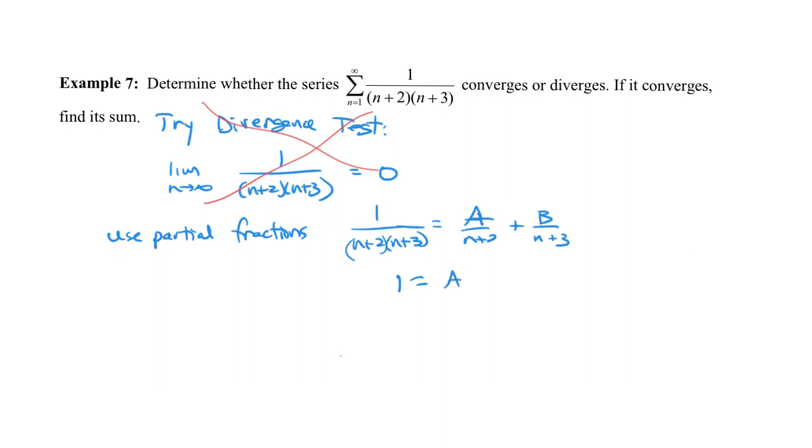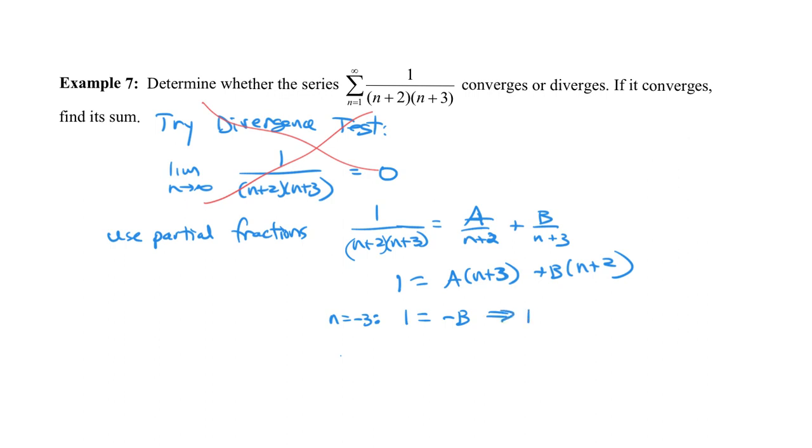And over here we're going to have a times n plus 3, because the n plus 2 term will get canceled, and then plus b times n plus 2, because the n plus 3 term will get canceled. Then we just pick some easy numbers. Let's say I'm going to let n equal -3. Then I get 1 equals, well, that will wipe this term out. So I'll get -3 plus 2, which is -1, so I'll get negative b.